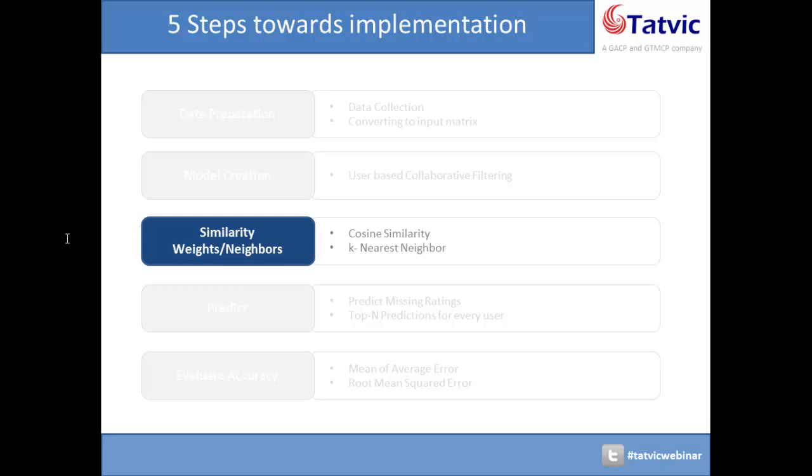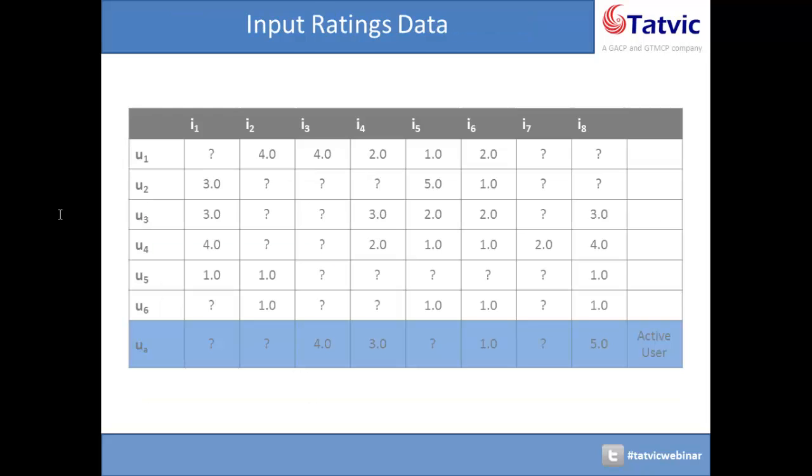Here we identify the similar users, and we calculate the similarity based on some metric. Here I will use cosine similarity. So let me talk about how cosine similarity works. Recall that user versus item rating matrix: users are represented in rows and items are represented in columns.